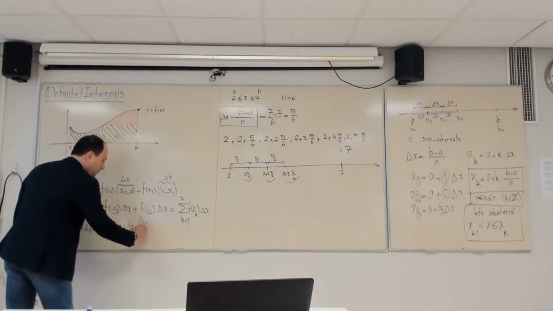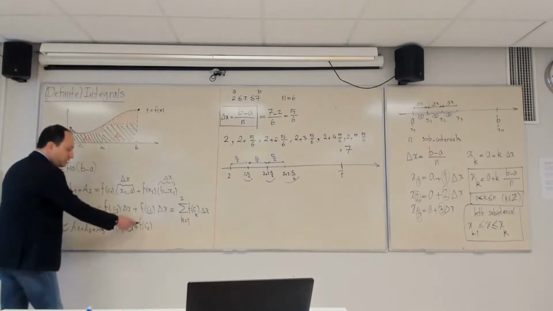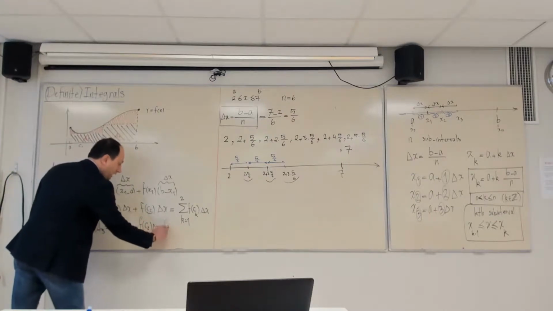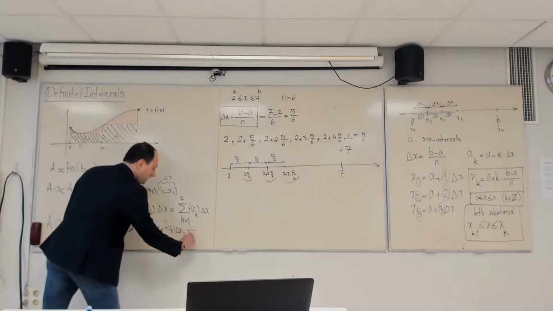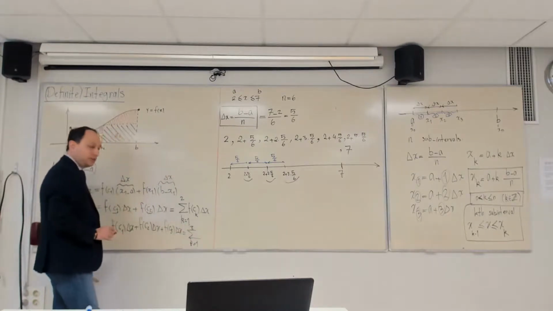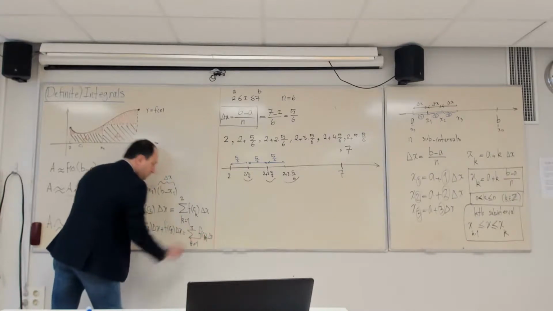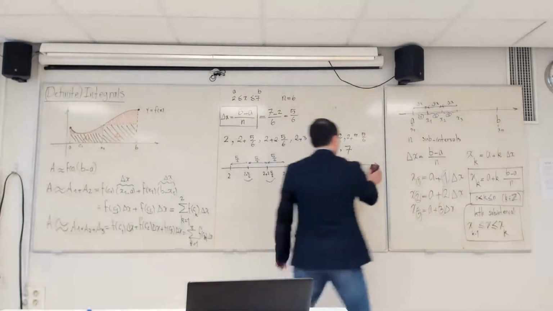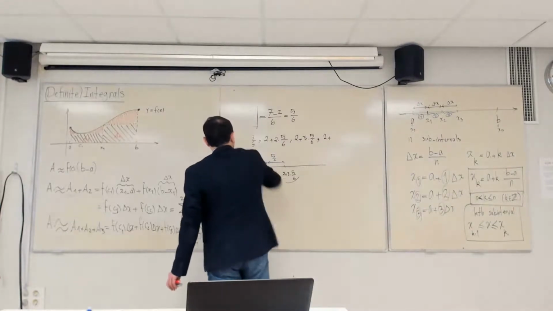The second one, f of c sub 2. This c sub 2 is a number within the second interval, so that it gives you the minimum function there, multiplied by delta x, and then I will have an extra term this time for the third subinterval. And now it is clear that I can write this as a sigma k goes from 1, not to 2, up to 3 this time, f of c sub k delta x. And as I told you, why we should stop at 3 terms, because my goal is to have a better and better approximation for my area.